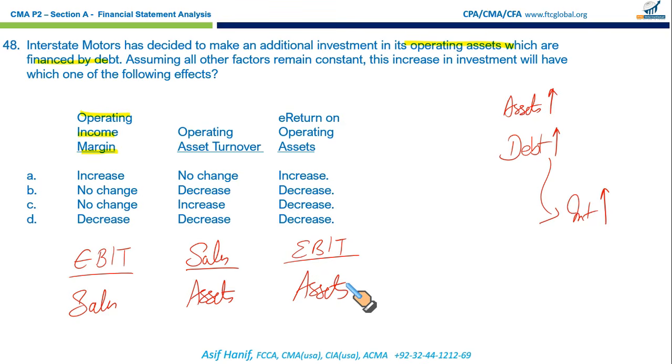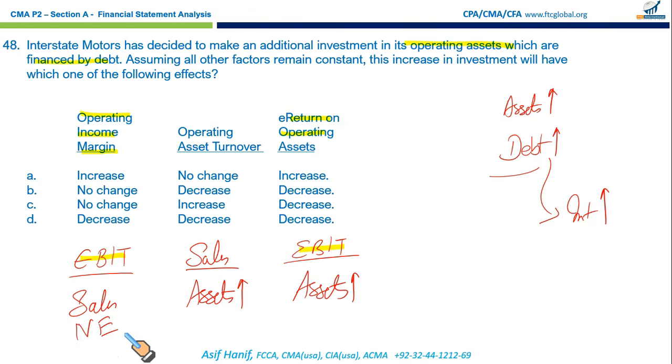Now please see, since the assets have increased, debt has increased, but since both numbers of income are before tax, because it says operating, return on operating assets, so that clearly means that we need to take income before interest. So this is not affected, no change in it, no effect, no change.